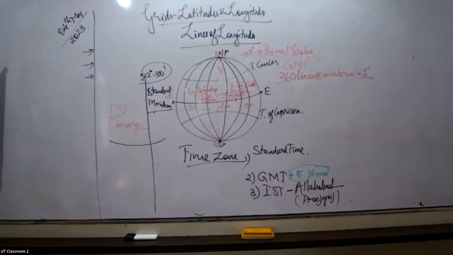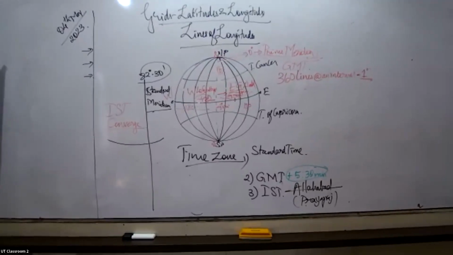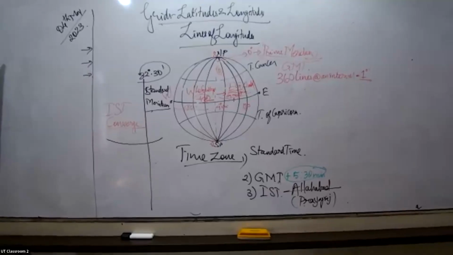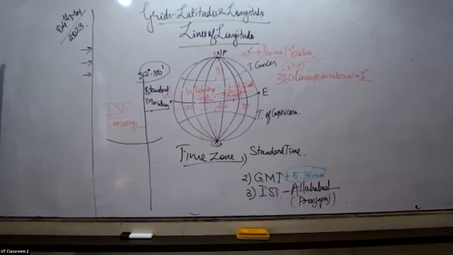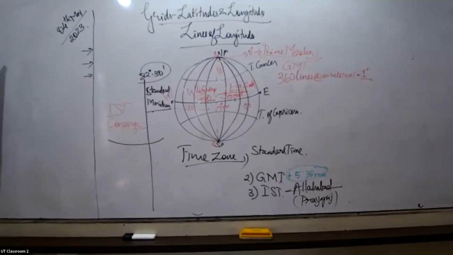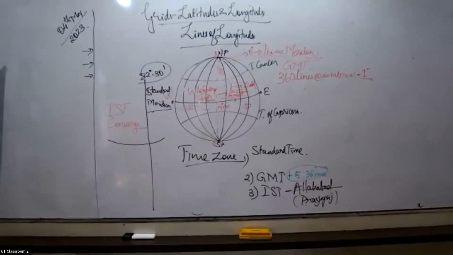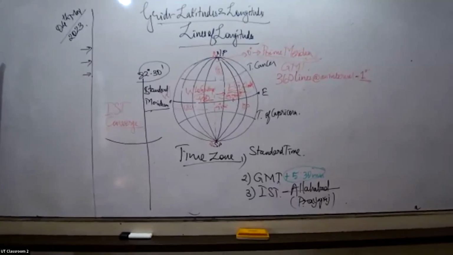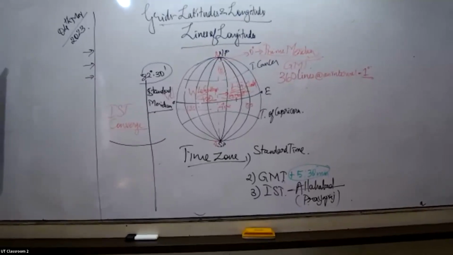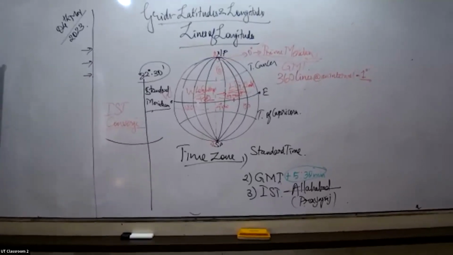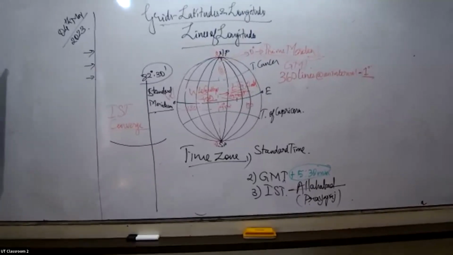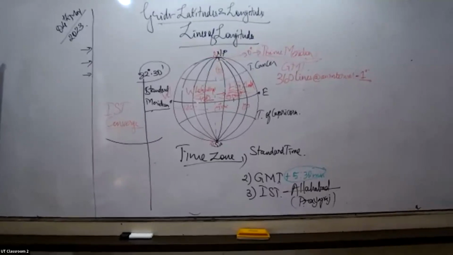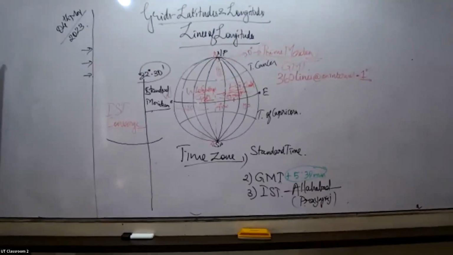So we can also write it as 82.5. No problem. Therefore, when you write 82.5, that is also allowed, and 30 degree, that is also allowed. For what? The Tropic of Cancer and Capricorn, how do we write them? 23.5. So you can write even 23 degree 30 minutes. Sorry, correct.